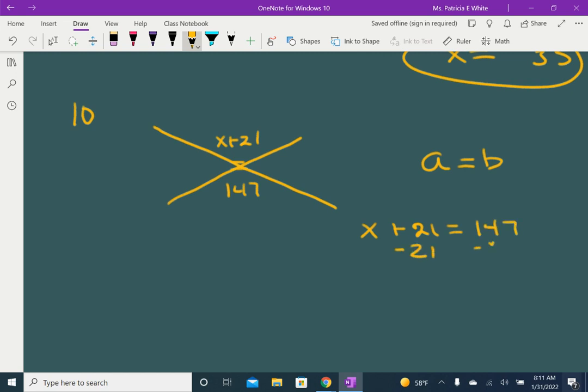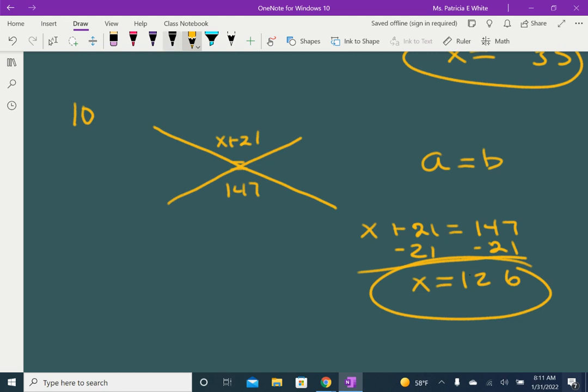One-step equation, minus that 21, and X is equal to 126, right? And don't forget, this is what I'm talking about when I say look at that straight line. If this is 147 here, together those two make a straight line. So if I needed this corner here, I would say 180 minus 147 gives me 33. That means this one is 33.